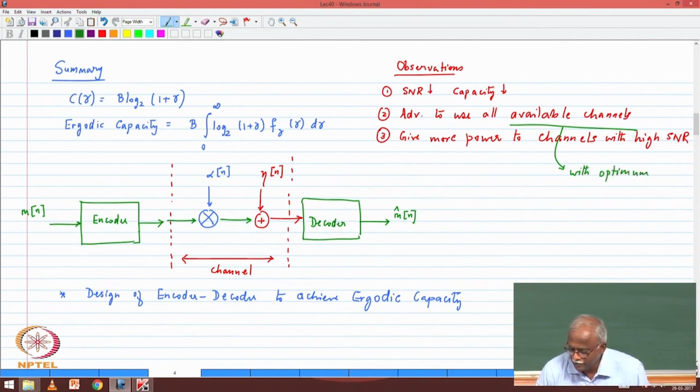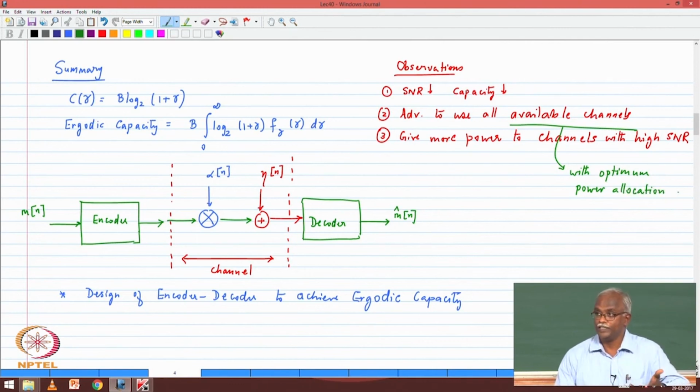Optimum power allocation, would you agree? Because it's not just about using all the channels, it's about using them with allocating the power. So the good channels would have more, so with optimum power allocation. But power allocation requires you to have what? In order to do optimum power allocation? CSIT. So this requires CSIT.